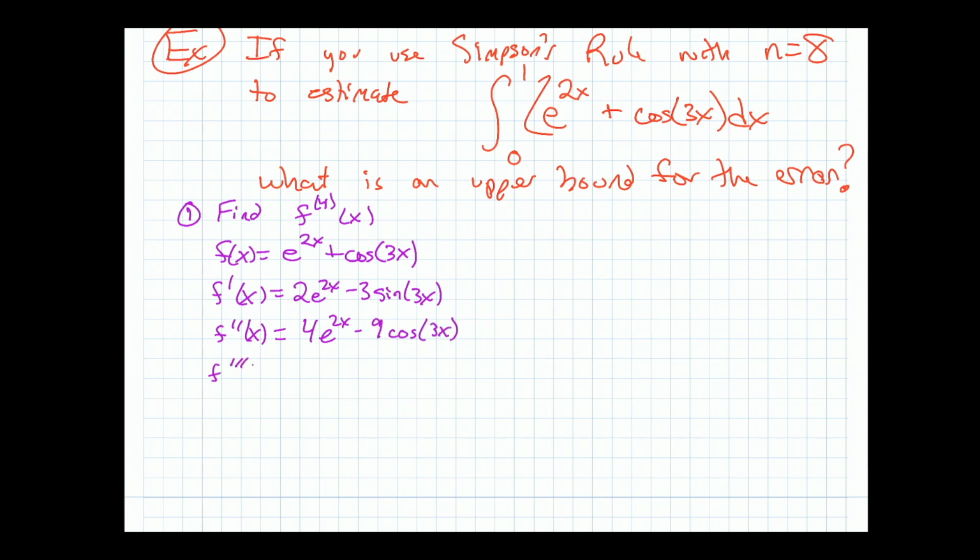Triple prime: 8e to the 2x, it's going to be plus 27 sine 3x. Fourth derivative: I don't know why I'm putting 4 primes, that's kind of a lot. 16e to the 2x plus 81 cosine 3x.